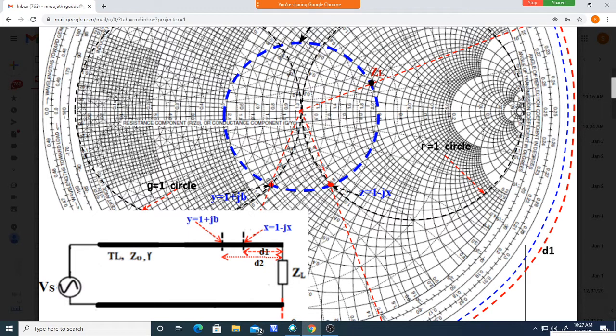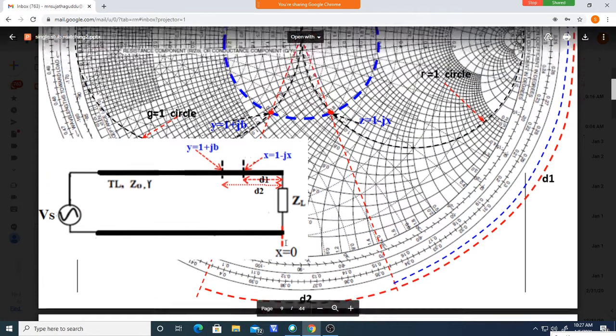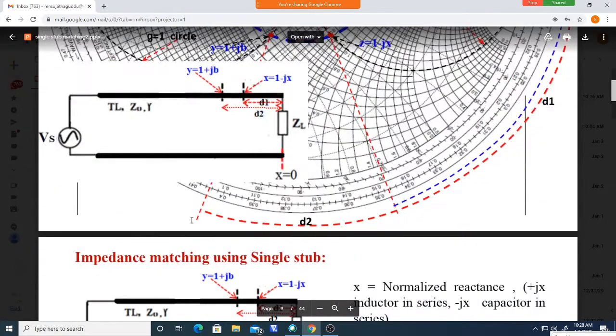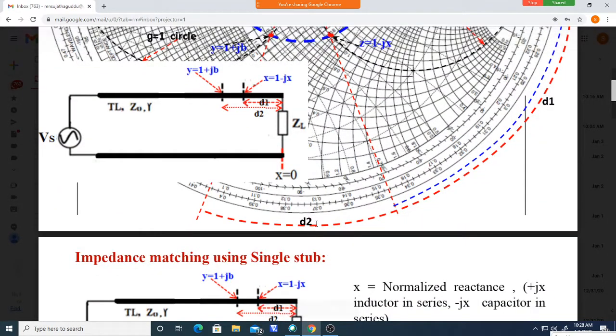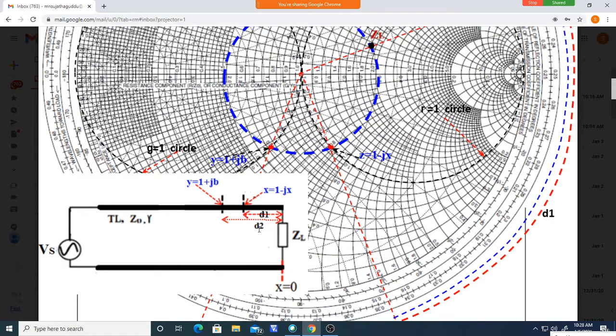Here the admittance real part is 1 because G is 1, B may be anything. Stop here. To measure the distance, pass a line through this to the wavelength scale here. Measure the distance from the load in the clockwise direction up to this, that is D2. So you can easily measure at what distance the admittance is in the form 1 plus jB.